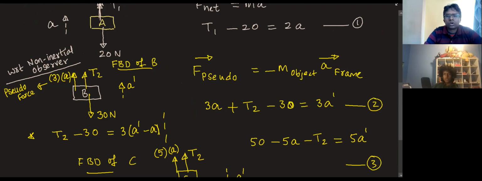So how many unknowns? Three unknowns. No, four unknowns: A, A prime, T1 and T2. So we have only three equations, so we need one more equation. How can I get the last equation?